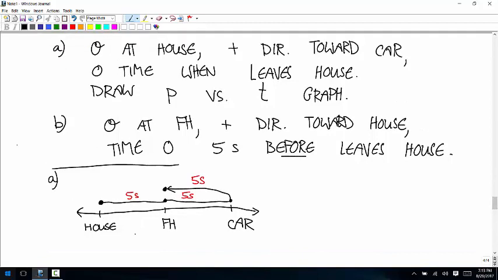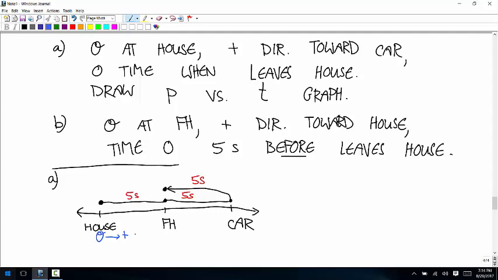So for part A, our zero position is the house. Whenever we're at the house, we know we're at that zero position. That was chosen for us. And then we know the positive direction is towards the car from the house. So positive is this way. Now we can put numerical values on the locations of the fire hydrant and the car.